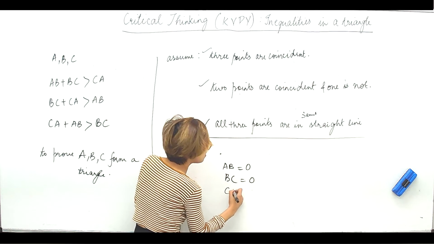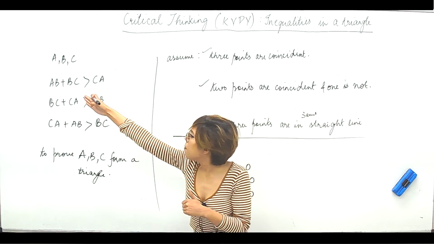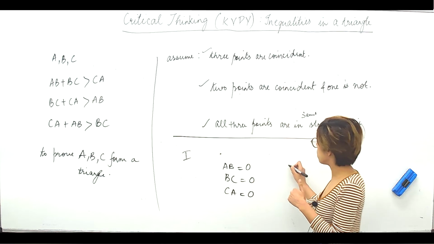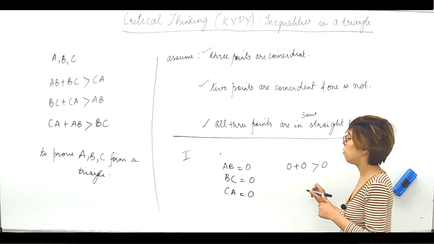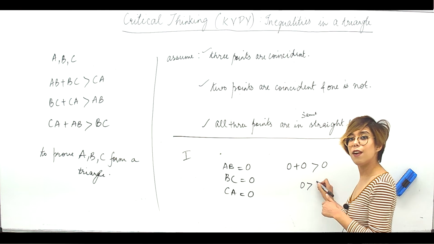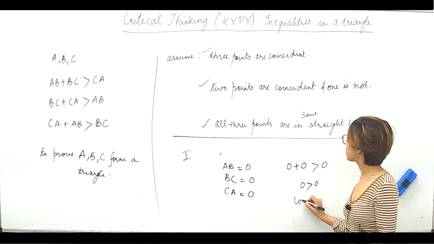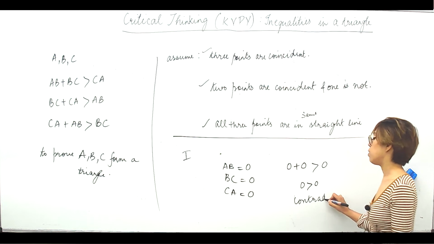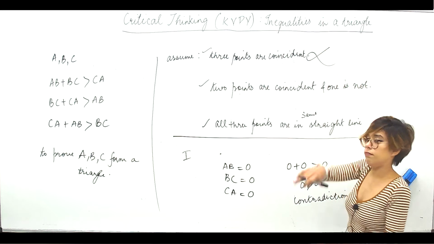CA is 0. Now he says AB plus BC, I mean 0 plus 0, is greater than CA, which is 0. 0 greater than 0. What is this? This is a contradiction. So, first case we have arrived at a contradiction. Perfect. First case, done.